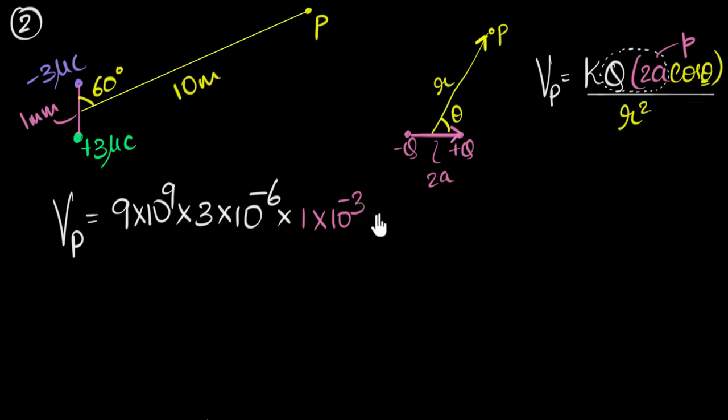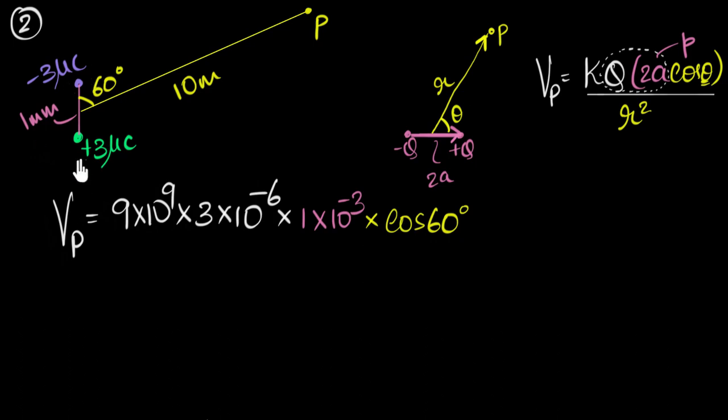Times cos theta. What is cos theta? Well, there's a 60, so we might write cos 60. That's wrong. It's not cos 60. Can you pause and think a little bit about why it's not cos 60? All right, let's see. What is theta again? Remember, theta is the angle between the dipole moment vector, which starts from negative charge to the positive charge, and the r vector.